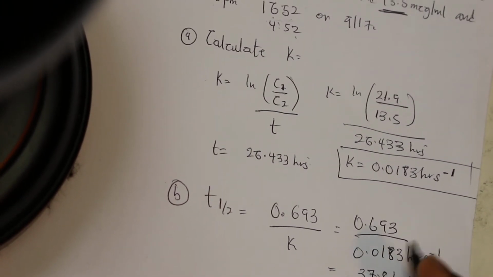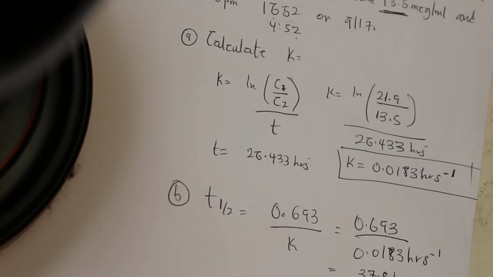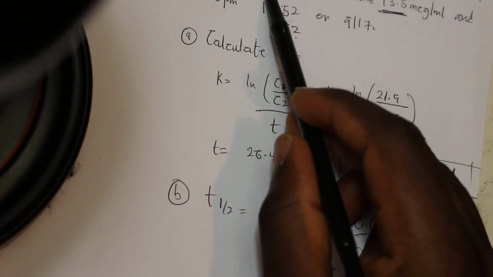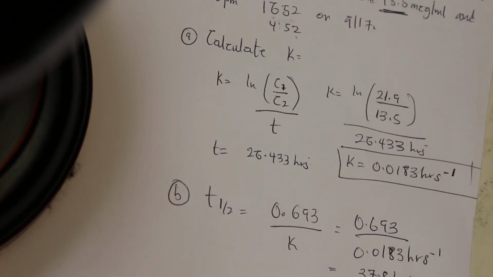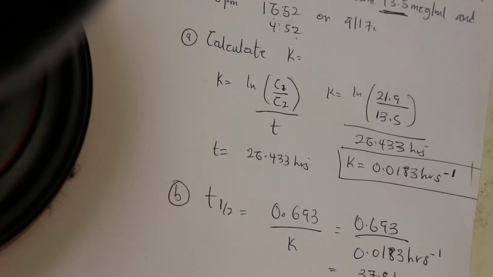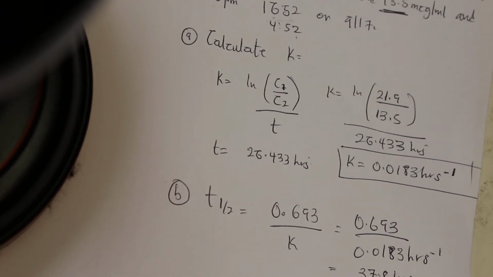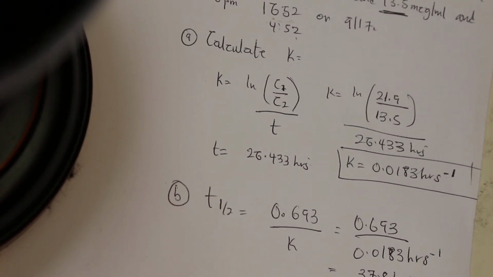To find this, you're going to use the first concentration measured at time 14:26, which is 21.9. So now C2 is going to be 21.9. Now we have K and we have t, so we can calculate C0, which is representative of C1.